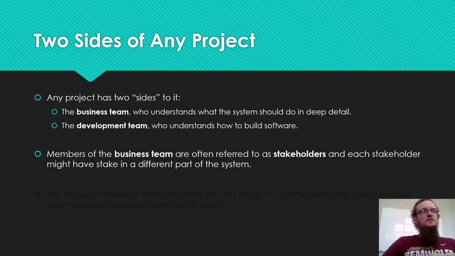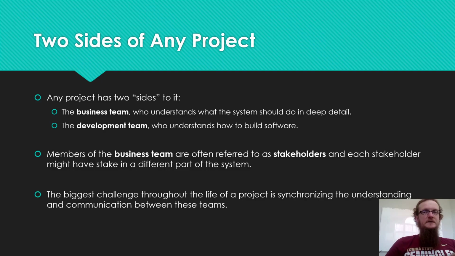Although a stakeholder may have a lot of stake in the mortgage aspect of a banking application, they don't necessarily have a stake in the savings or the brokerage part of the banking system. You might have many different stakeholders, and all of them together will hopefully have a common voice about what the system should be doing.